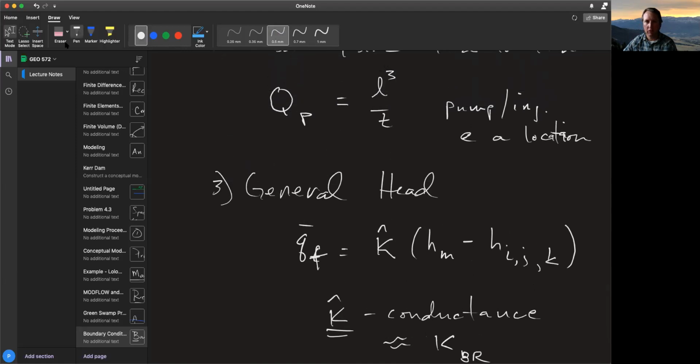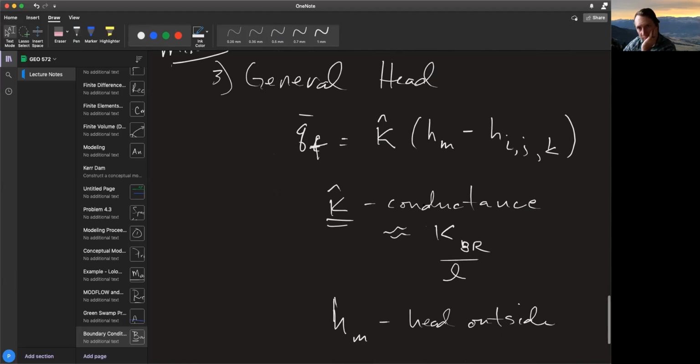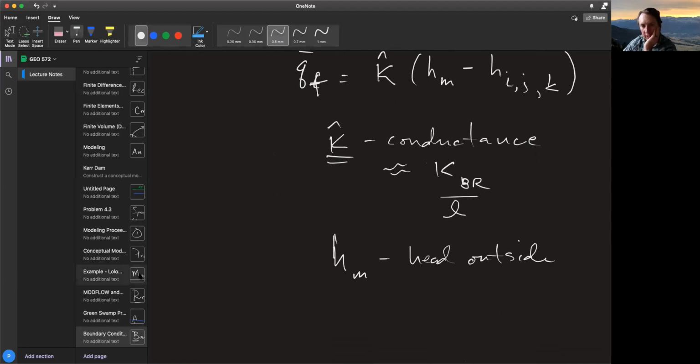Basically all the ones I'm going to talk about from this point on are mixed boundary conditions. It is a flux that is dependent upon the gradient or the value of the head just inside the domain. And the other important thing about general head is if the head here is greater than the head in the mountain, we will drive flow out of the model. So flux can be in or out.